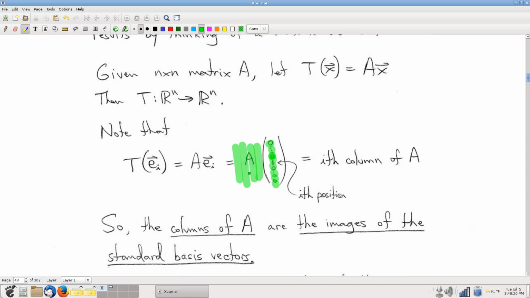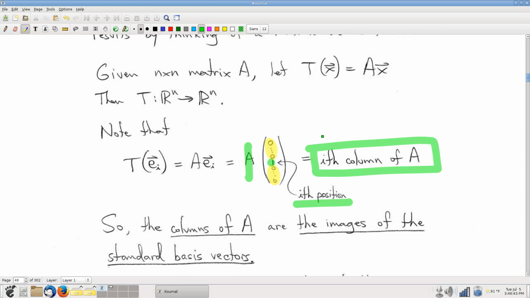So we have a linear combination of the columns of A, but it's a special linear combination where almost all of the coefficients are 0. Only a single coefficient is not 0, so only a single column, in particular the ith column, remains. All the other columns are multiplied by zeros and disappear.